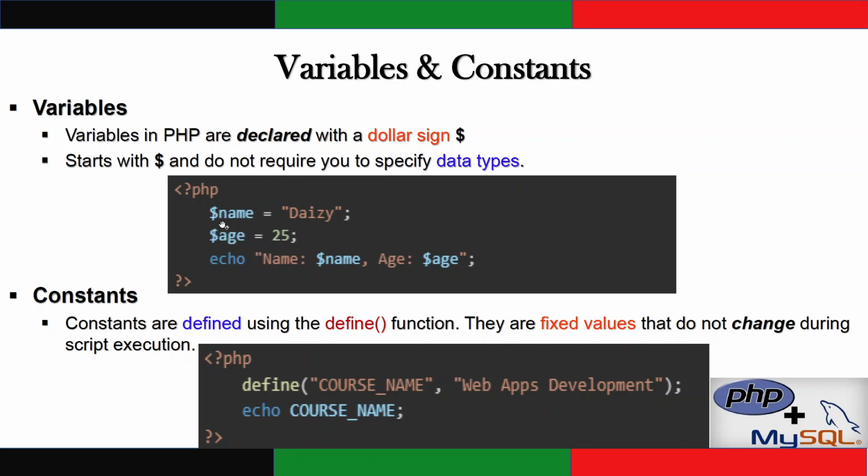Then we have another variable defined called age, and we assign it the value 25. So any other time we access these two variables, we expect to find 25 inside age, and Daisy inside the variable name. This is how we access our variables.